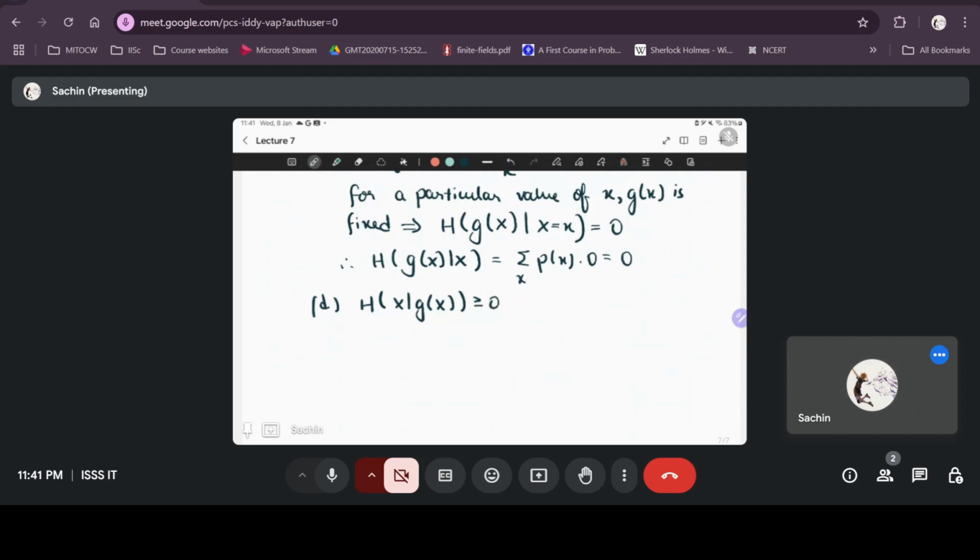We know that entropy of any random variable is non-negative, and with equality if and only if X is a function of g of X. That is, g is 1 to 1.